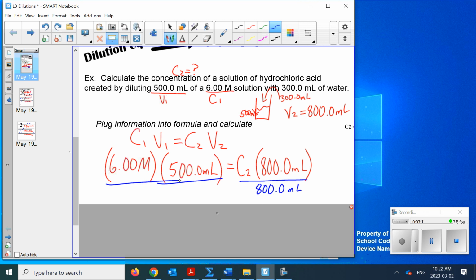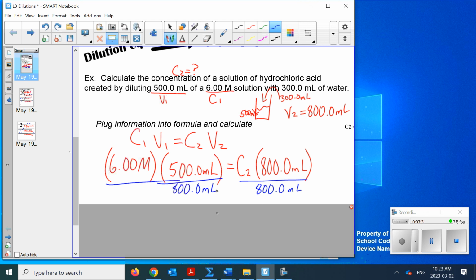I'm going to divide the whole side. Really, what you're doing is you're just taking the ratio 500 to 800, 5 to 8. You're multiplying by the original. If you don't know what I'm talking about, just do the math for me.